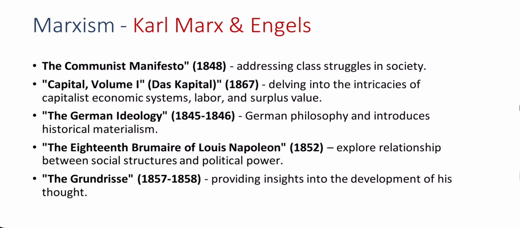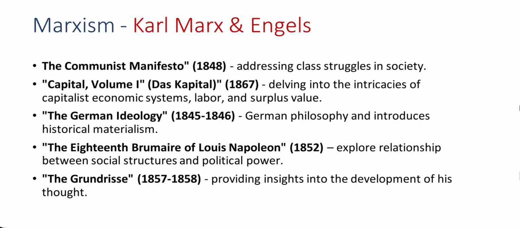Next is Capital Volume 1, Das Kapital, 1867, Marx's magnum opus delving into the intricacies of the capitalist economic system, labor and surplus value. Next is the German Ideology, 1845 to 1846, co-authored by Marx and Engels.